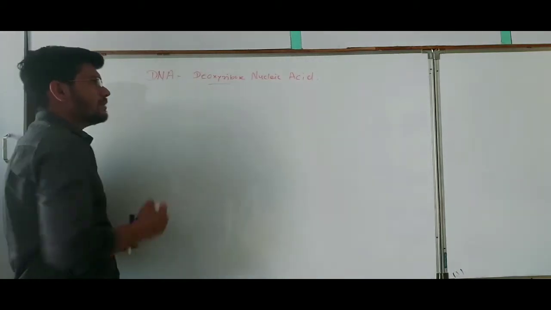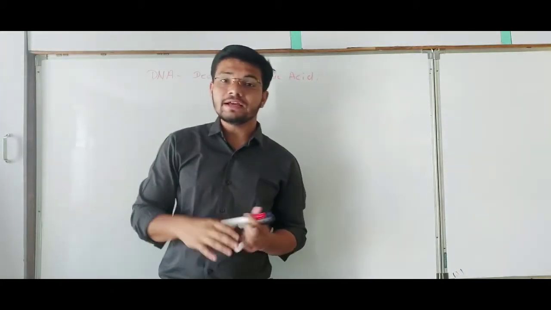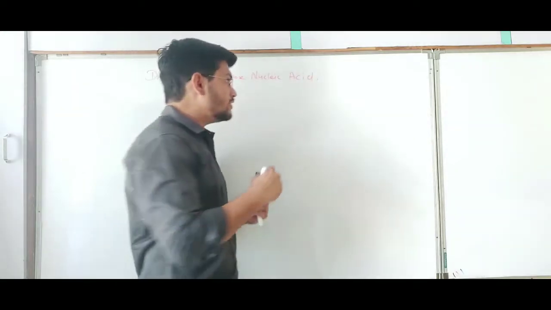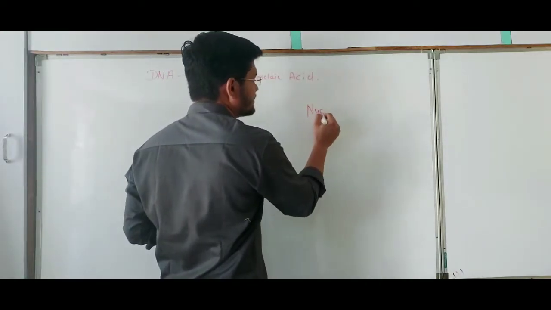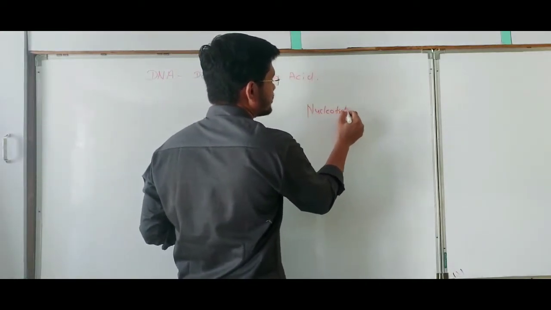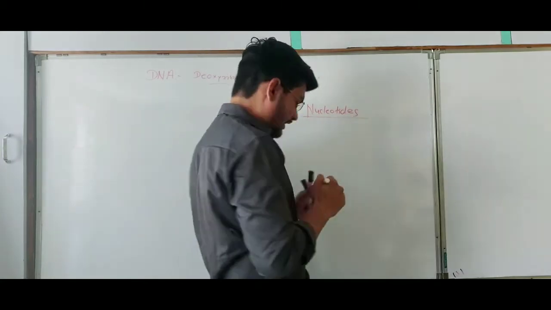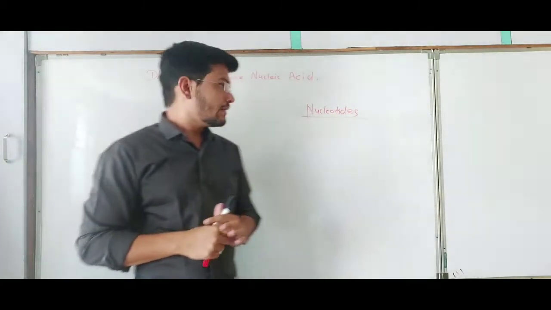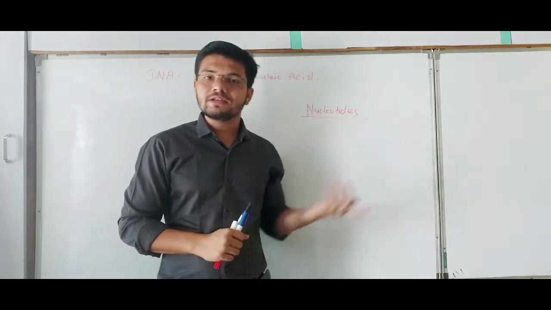So what is deoxyribose? As we know, DNA is made up of nucleotides. So what are the things which are present in the nucleotide?